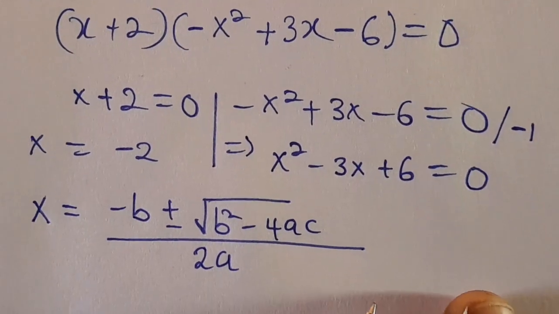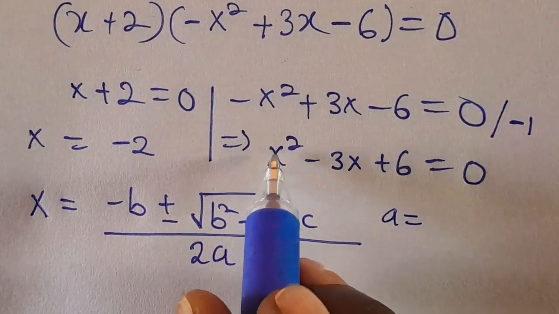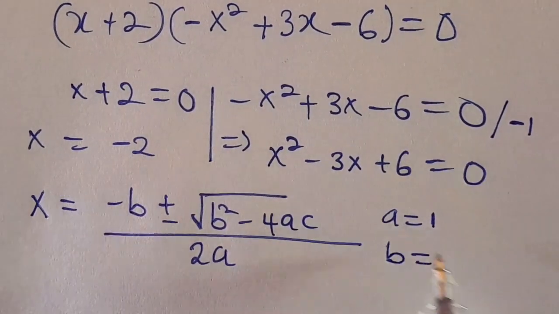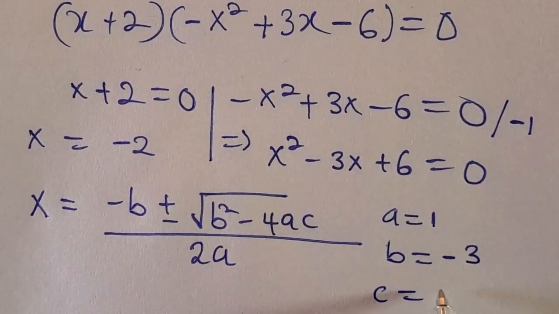2a. So from here, our a is the coefficient of x squared, which is 1. Then our b is the coefficient of x, which equals minus 3. Then our c is the constant value, which equals 6.